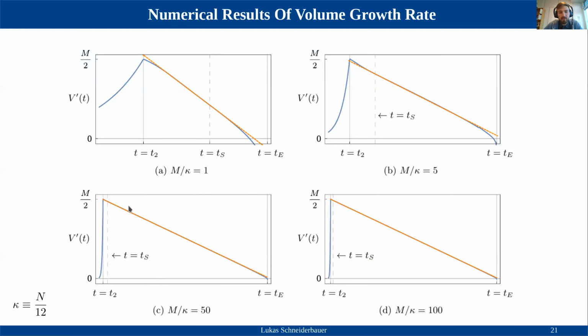In this case, there is a regime where the volume growth gives you S times T, which is what you would expect from complexity growth. And as I said before, these are numerical results, but we will soon be able to speak about some analytical results in the CA computation, complexity equals action.